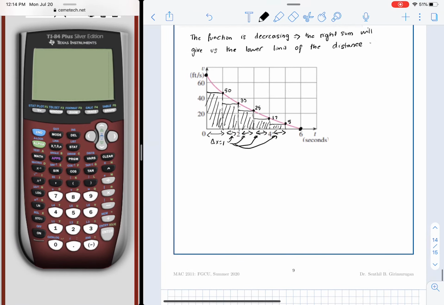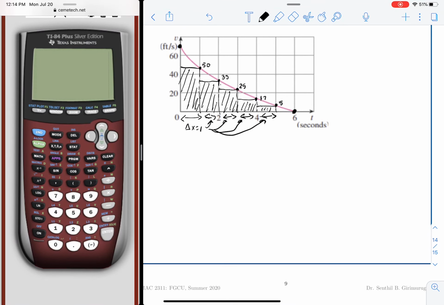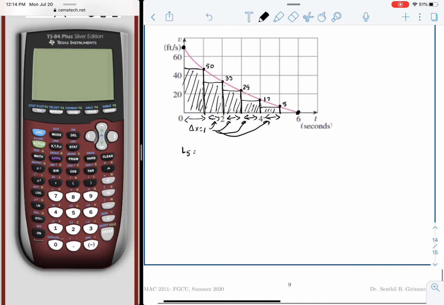So the lower sum, I'll call it L5 because we have 5 rectangles. The height of the first rectangle is 50. Second is 35. Third is 25. Fourth is 17. And the last one is 5.